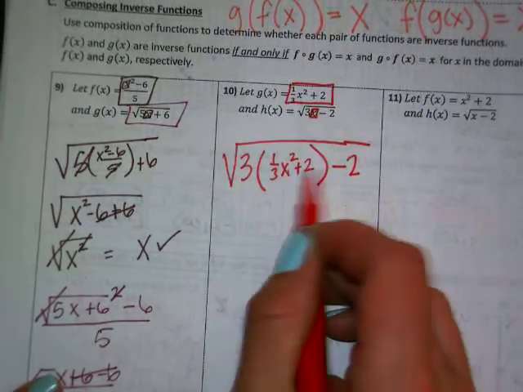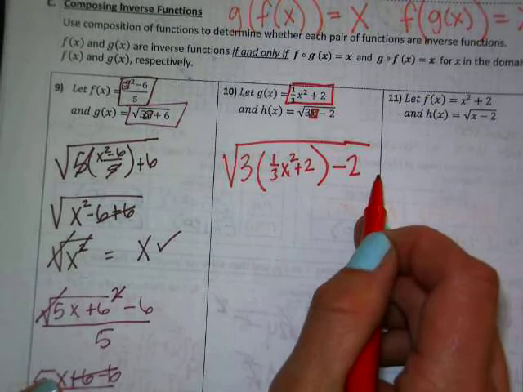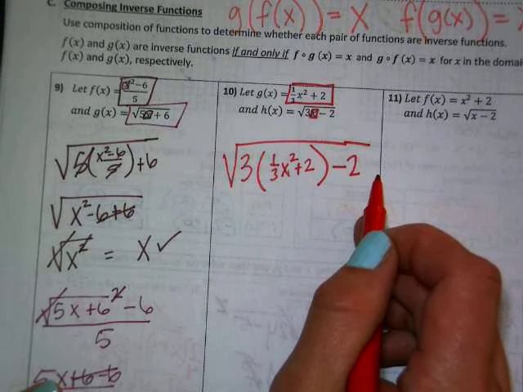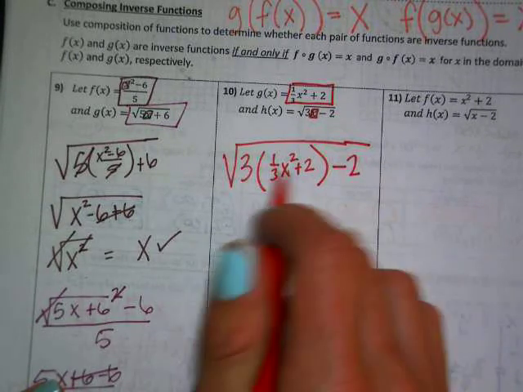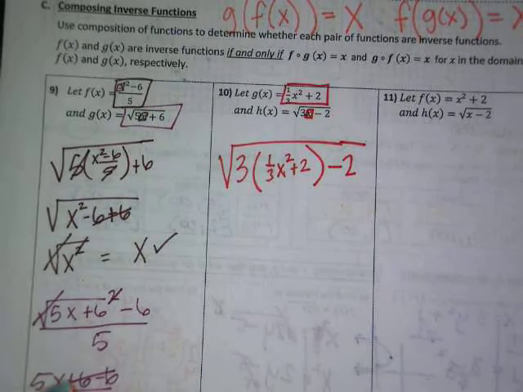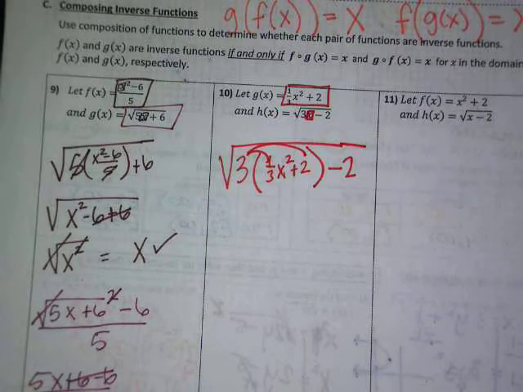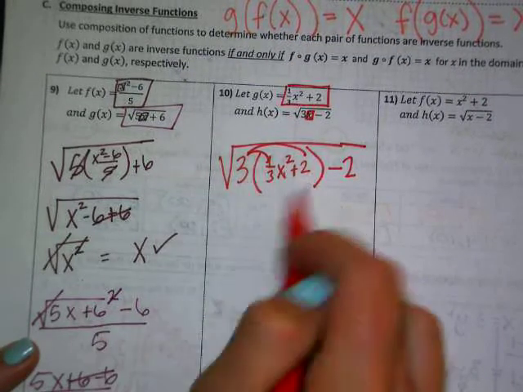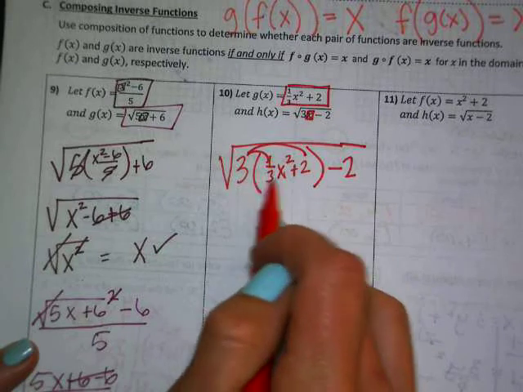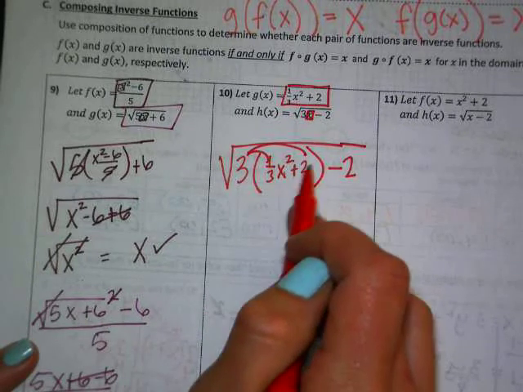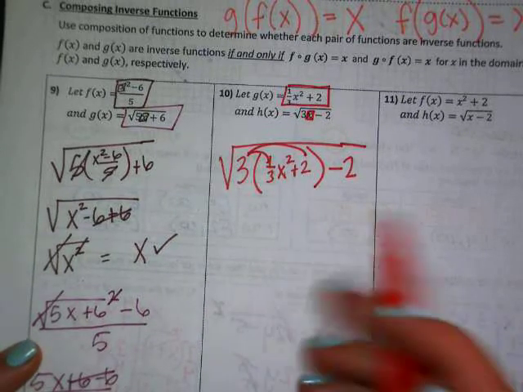Can you cancel these 2s out? Don't you have to do the 3s first? Right, you have to do the 3 first. Order of operations says you have to multiply before you can add or subtract. This 3 is multiplying all of this, so you multiply it by the x squared term and the 2. You just distribute it.